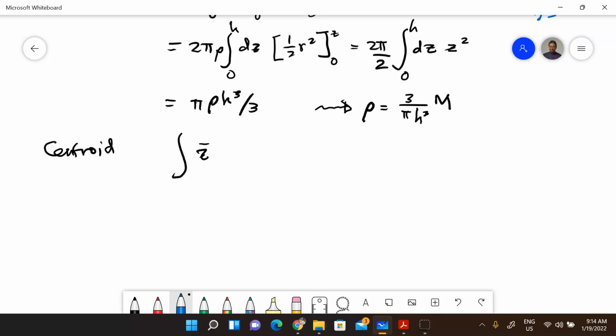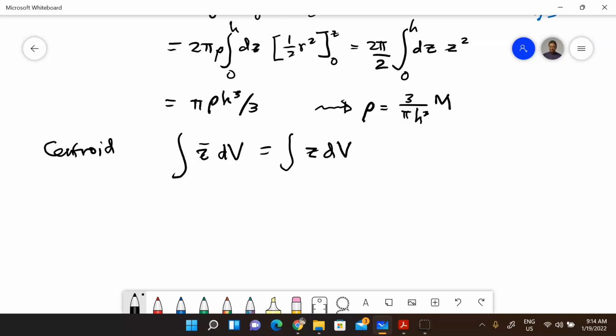So from previous, z bar times the integral of dv equals the integral of z dv.